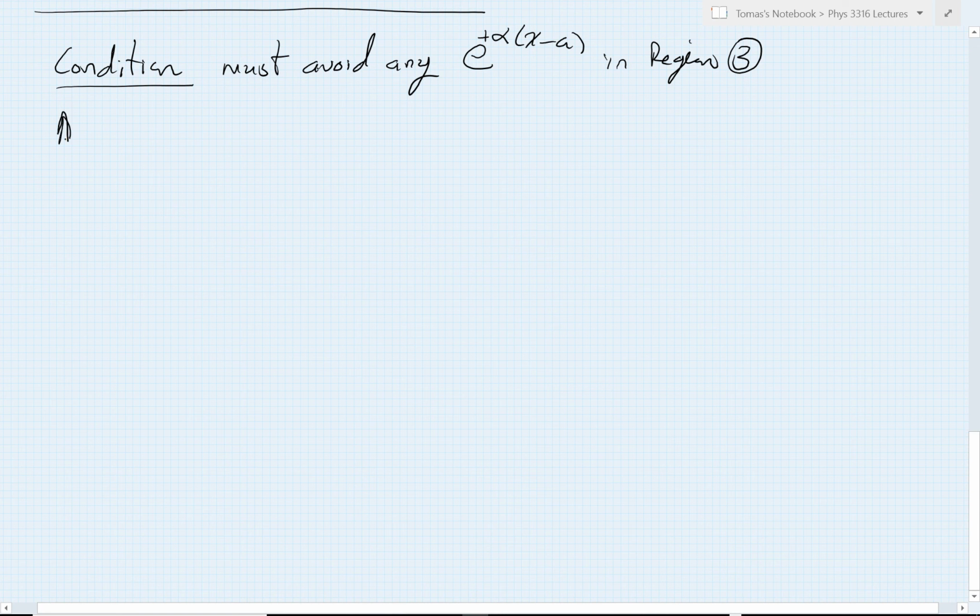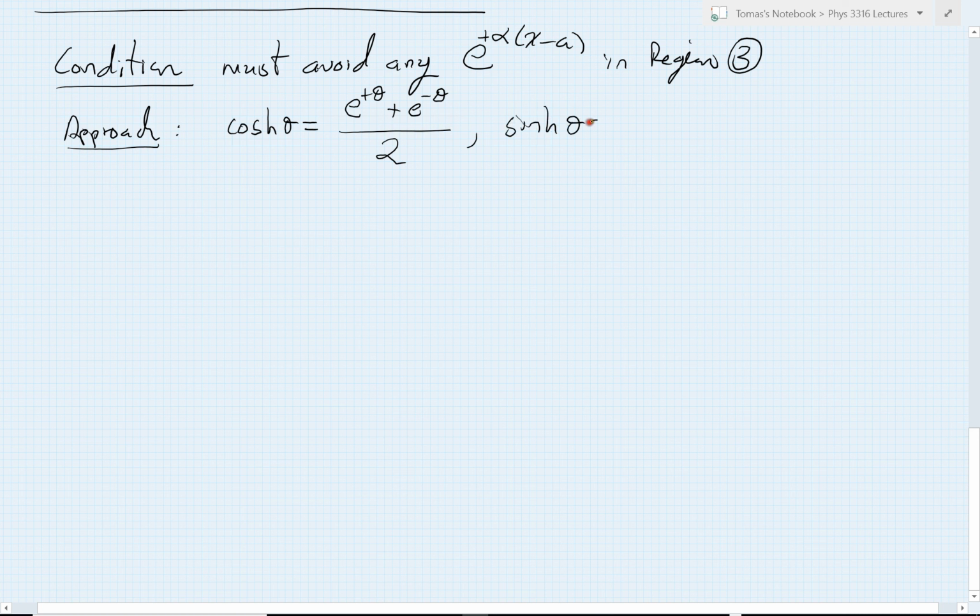So our approach is going to be to recall the definition of the hyperbolic functions. Hyperbolic cosine of a value, you will recall, is the sum of the positive and negative exponentials of that value over 2, whereas the hyperbolic sine is the difference between the positive and the negative exponentials, divided by 2.